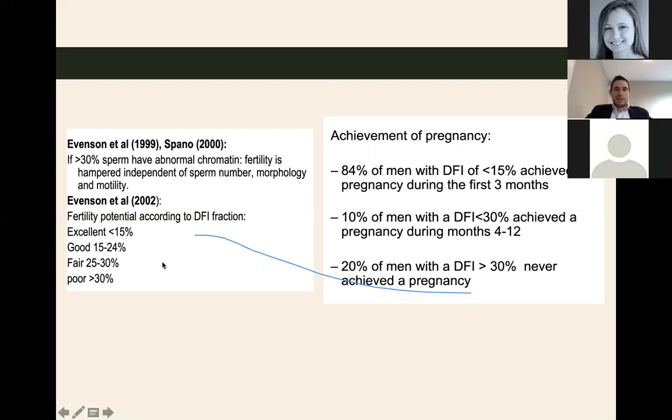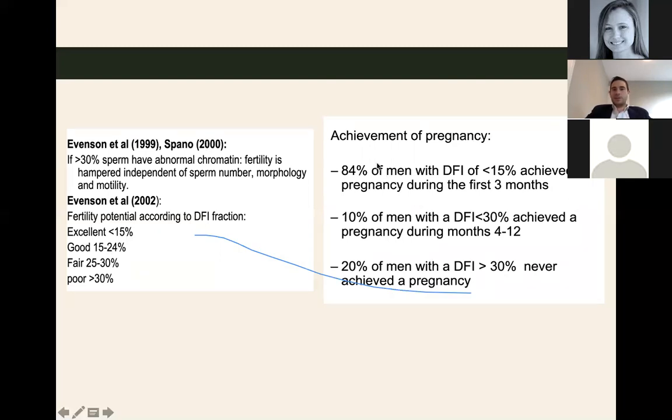And this is why they divided the groups of men, even the fertile men, according to DNA fragmentation index fraction. Anything below 15%, they labeled as excellent. Anything more than 30%, they were poor candidates. And this correlated exactly to the ability of achieving a pregnancy.